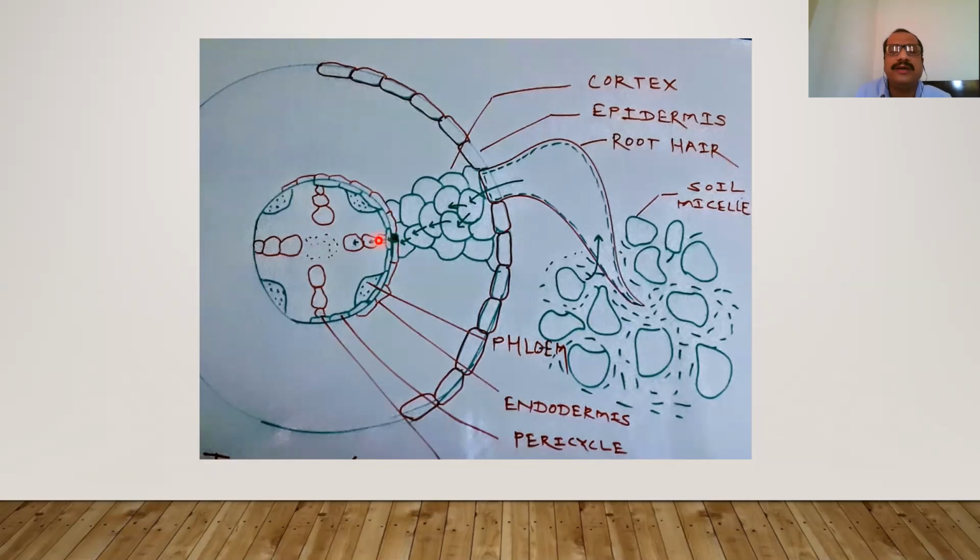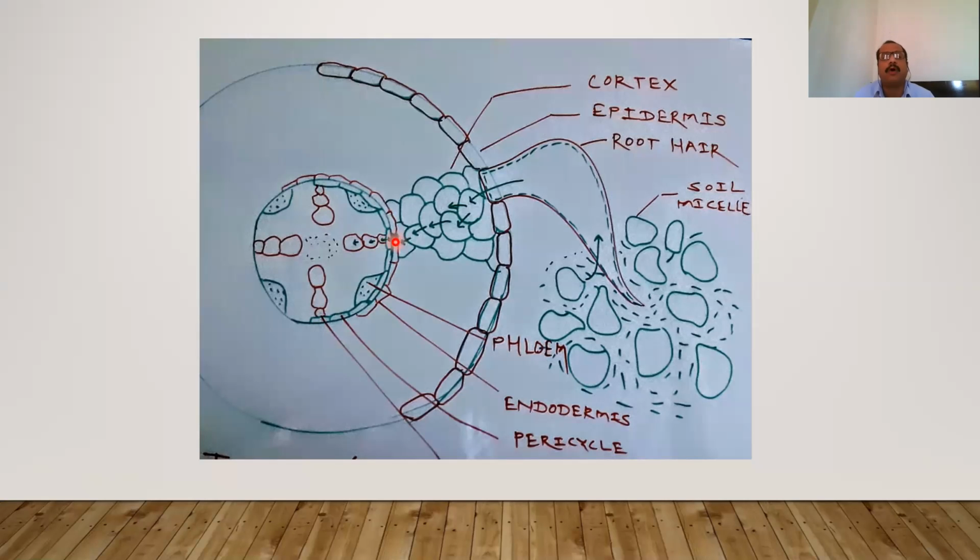So how can water enter from a region of higher concentration to lower concentration, because the concentration of water is already higher here? So how is the process of endosmosis applicable here? That is one thing. Secondly, tracheids, which are the cells of xylem, are without a semi-permeable membrane. So if there is no semi-permeable membrane, no plasma membrane, how could the process of osmosis take place? How is the endosmosis concept applicable here?